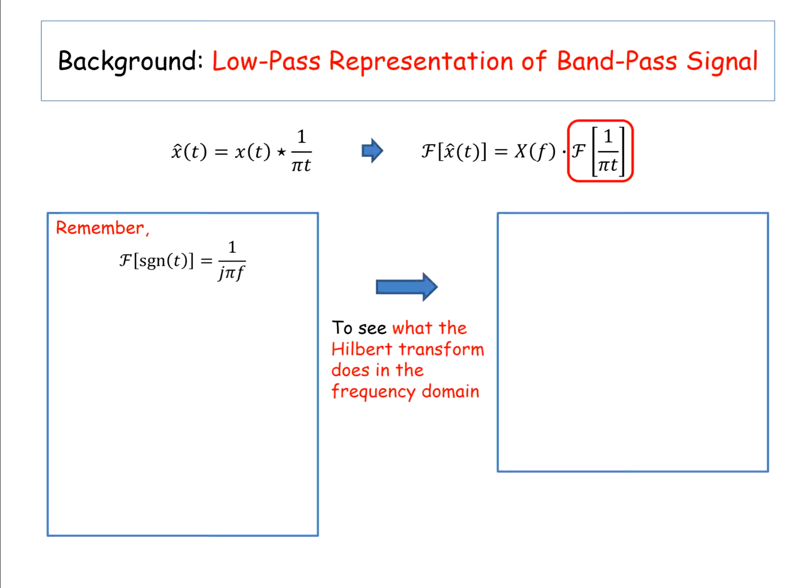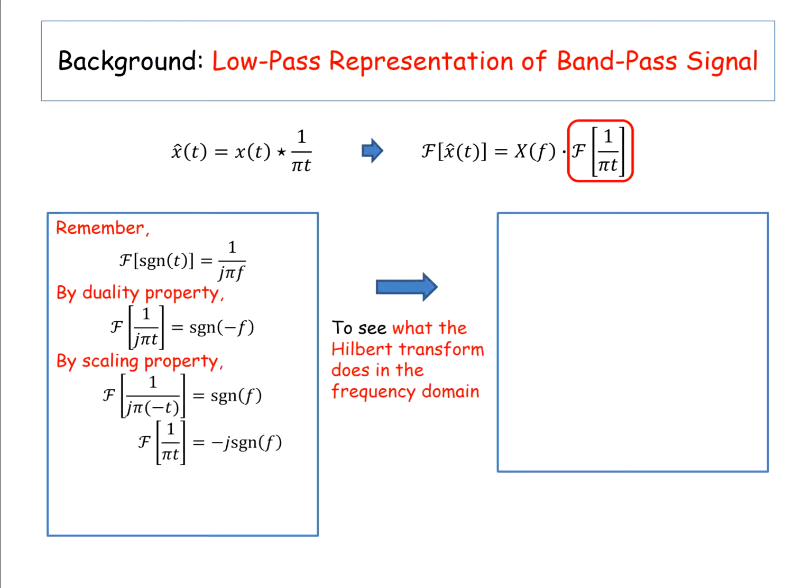By the duality property, then through the scaling property, the Fourier transform of 1 over pi t is given. Consequently, the Fourier transform of x cap of t is introduced.